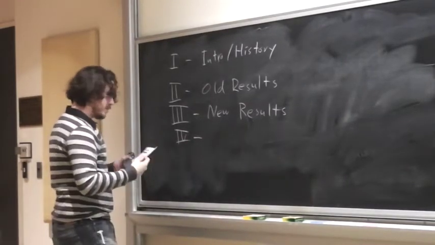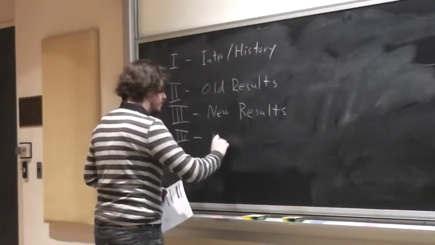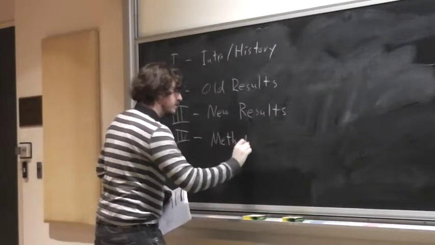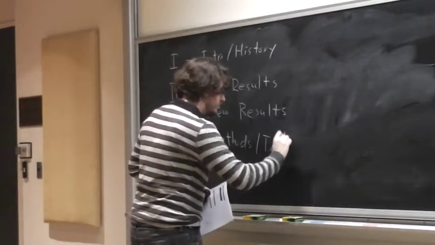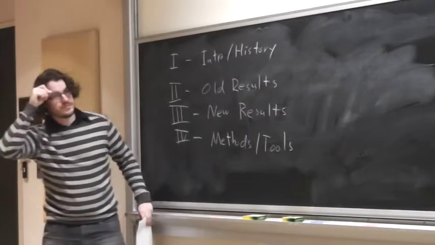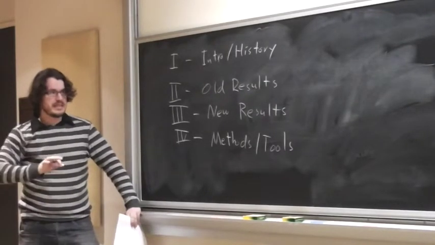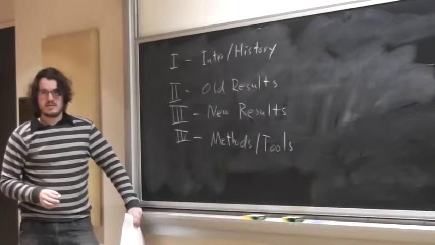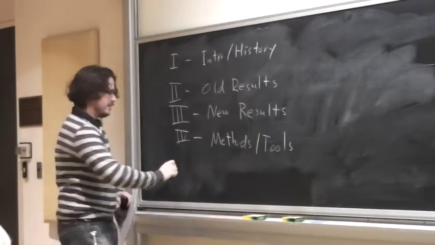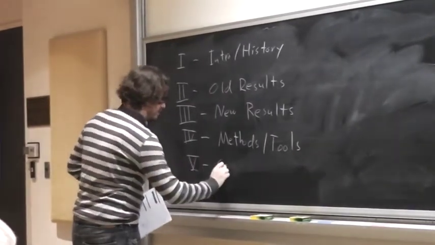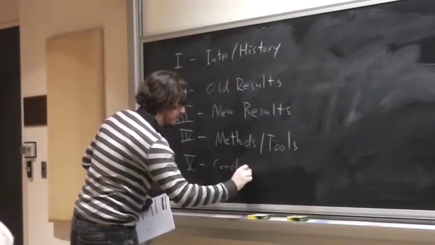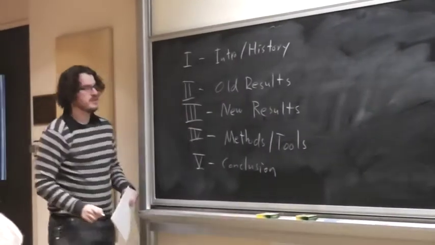Then I'll talk a little bit about the methods, the tools that I've been using, some of the older ones and some of the ways that maybe we can adapt or innovate away from those ideas. And then we'll finish up with a conclusion.